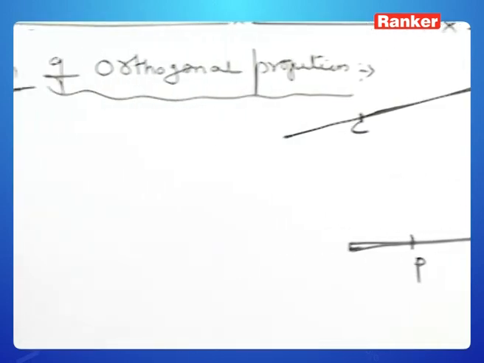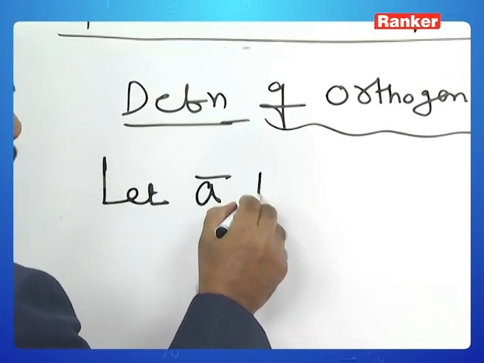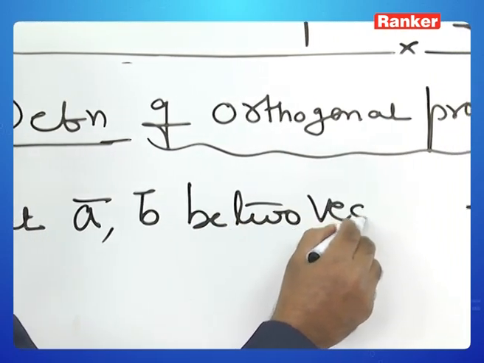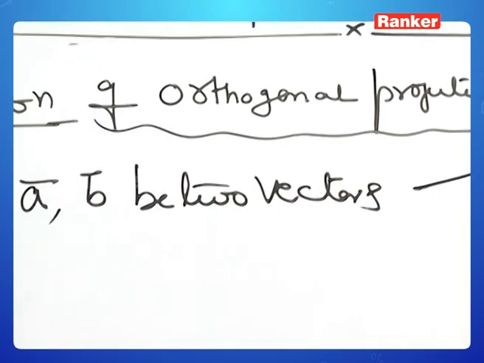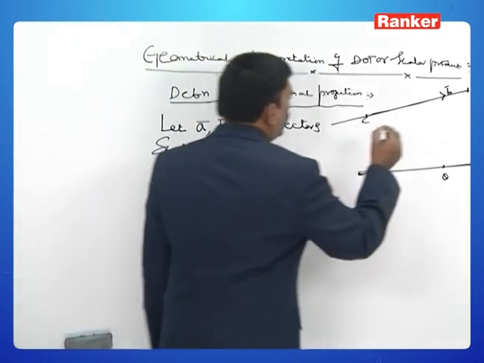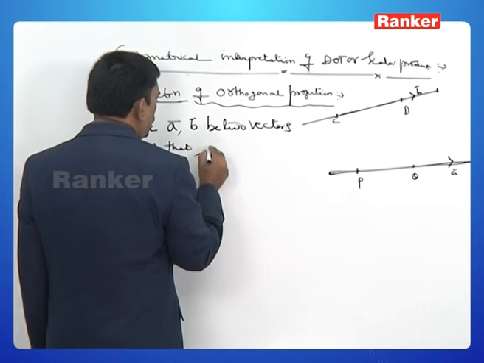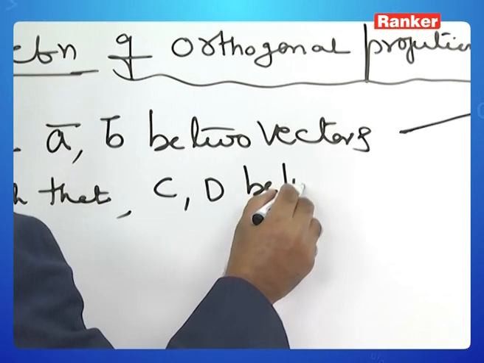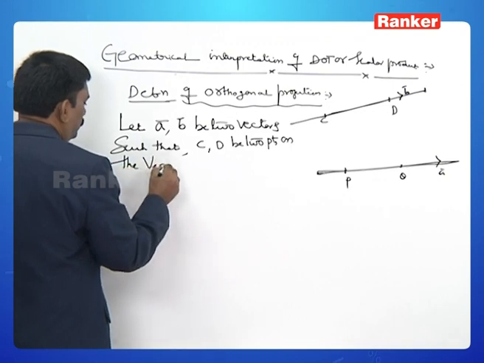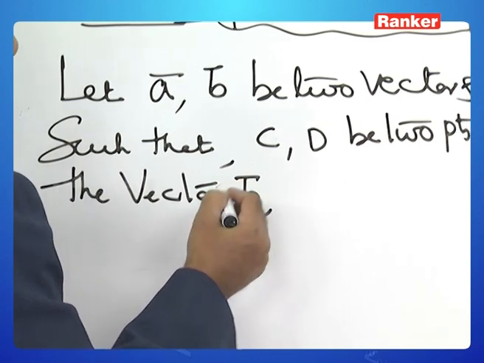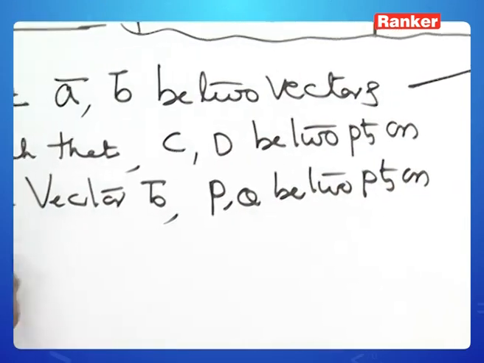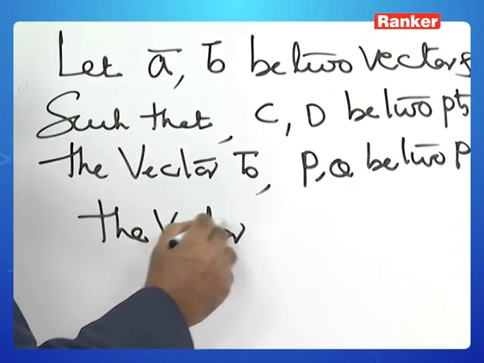Now let us discuss orthogonal projection. Let A bar, B bar be two vectors such that C, D be two points on the vector B bar, and P, Q be two points on the vector A bar.